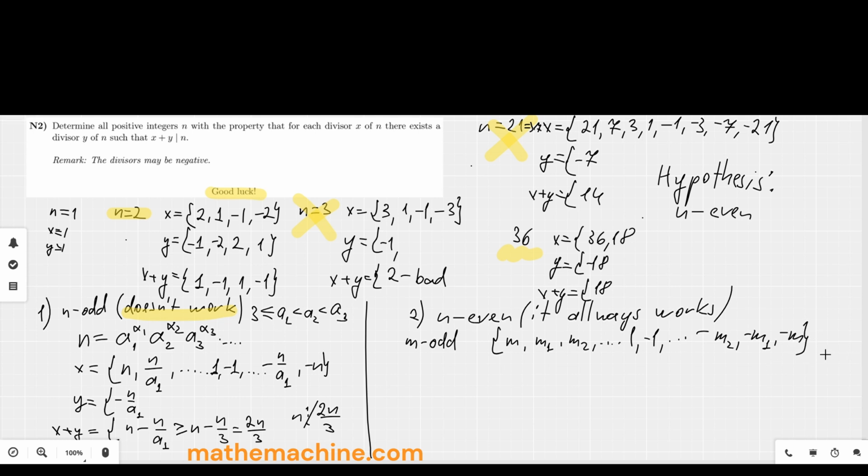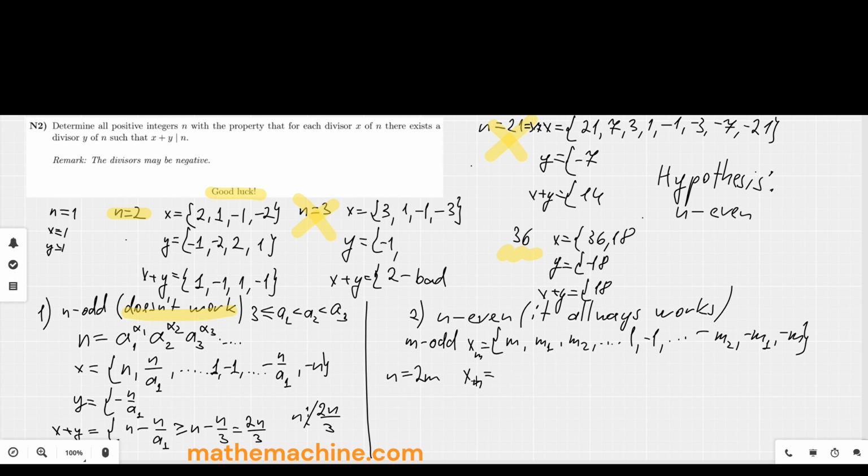Here they go in descending order, and here in ascending order in absolute value, but since they're negative, it's also descending order. Right, so these were the divisors of m. And then, since n is our even number, let's get it by multiplying this odd number by 2, so n equals 2m.